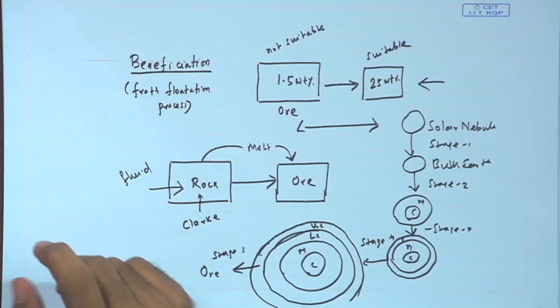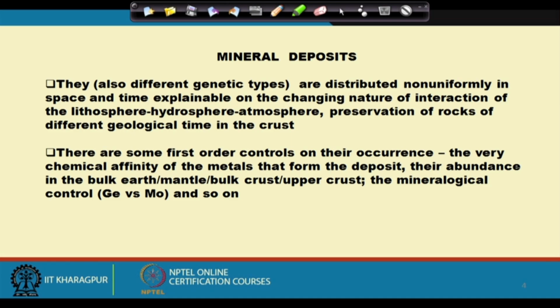It will be easier if that particular metal is present in its discrete mineral phase. It will be easy for us to extract it, separate it out and get the metal out of it, or use the mineral if it can be used directly as a raw material. Compared to a situation where the metal remains in trace quantity in common rock, that becomes difficult for that particular metal to be extracted.